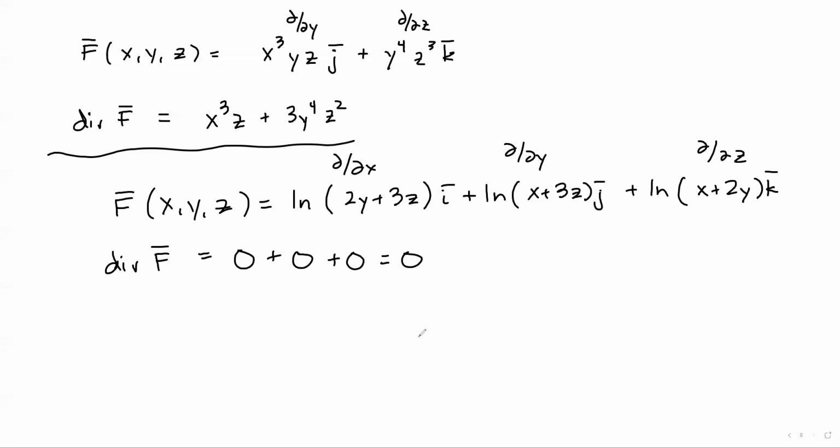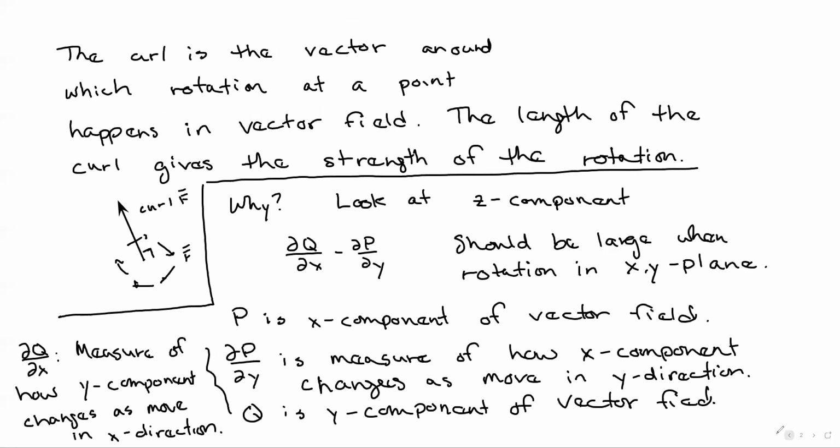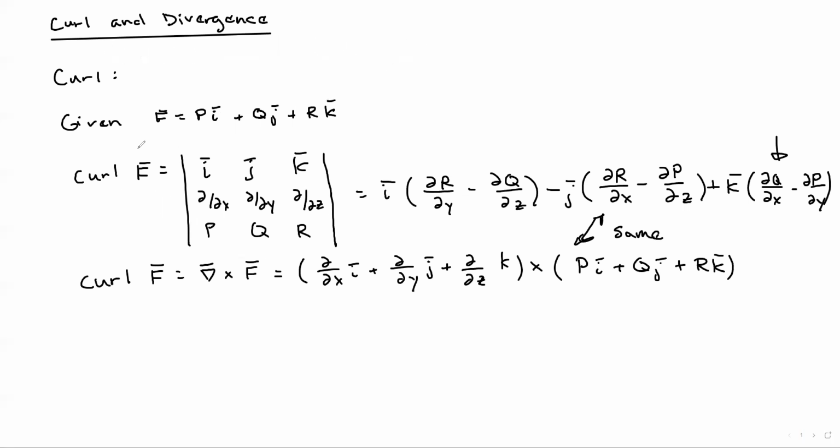Okay. And so that's the video on curl and divergence. So just two different calculations that you can go through and apply to vector fields. The first one, when you calculate the curl, just a couple things to be very clear about. The curl calculation produces a vector.